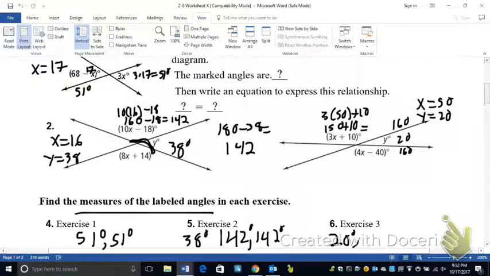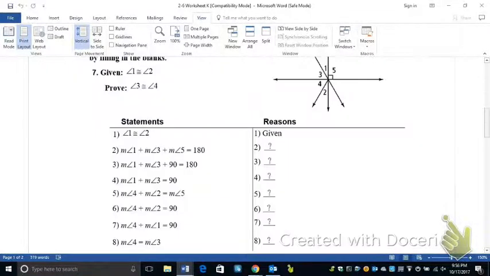Notice if we plugged the 50 in down below, we'd get the same thing. 4 times 50 is 200. 200 minus 40 is 160. So that's what 4, 5, and 6 are going to look like.